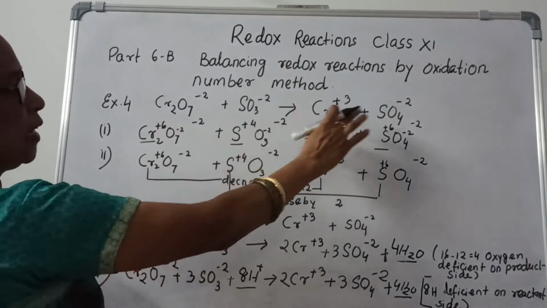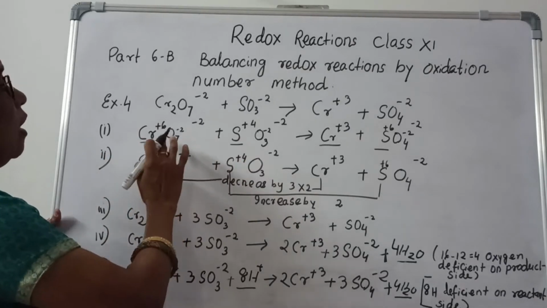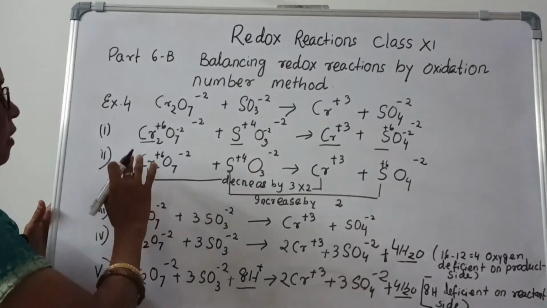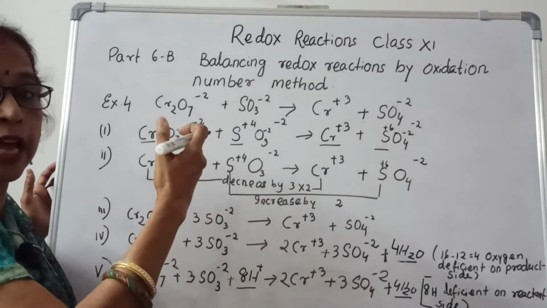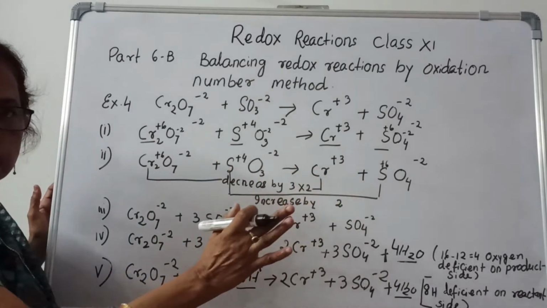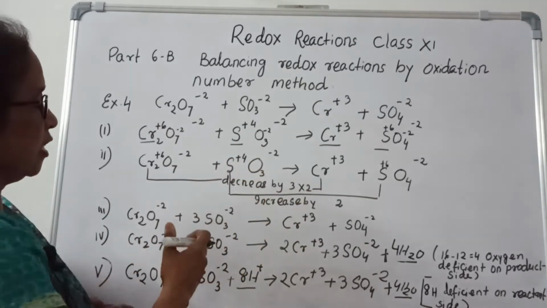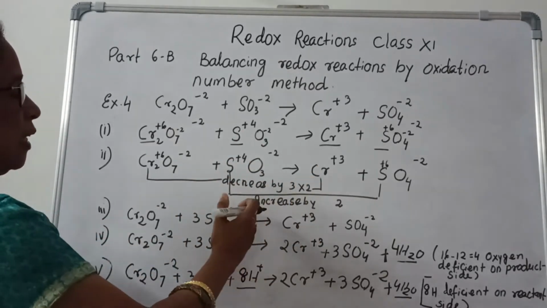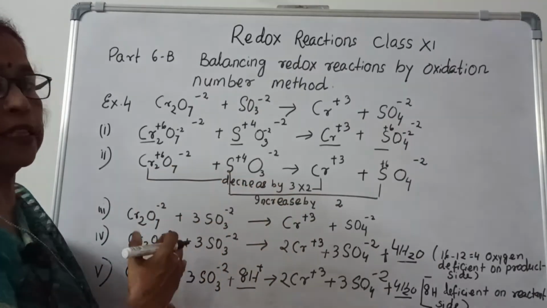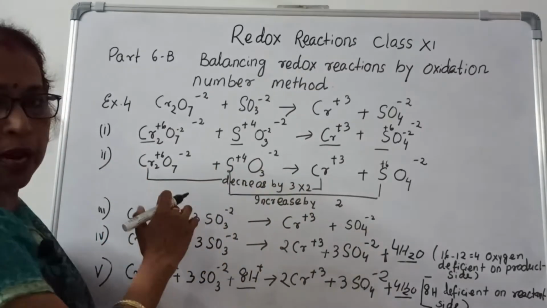Again see first line, the question given. Then here, in the first line you will see the oxidation number of each atom of the element, and third you will see which element atom undergoes oxidation number change. In oxygen there is no change on both sides. And here sulfur increases by 2, and chromium decreases by 3, but since there are 2 chromium, it is multiplied by 2.